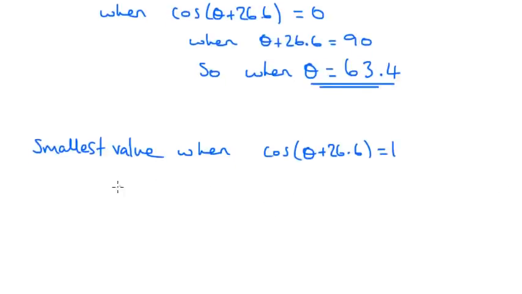And so that will give us 25 minus 20 times 1 squared, so just still 1. So the smallest value is going to be 5.